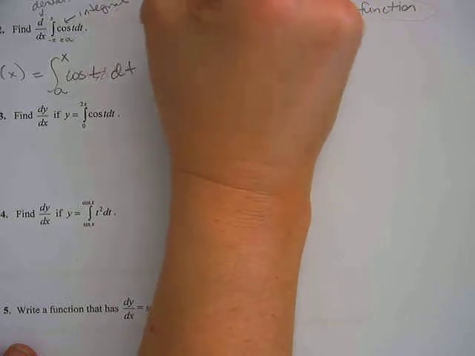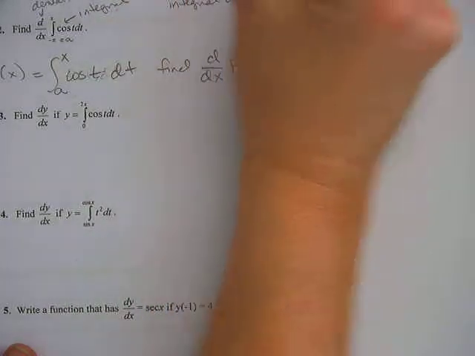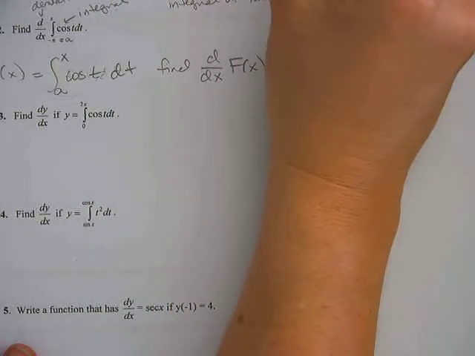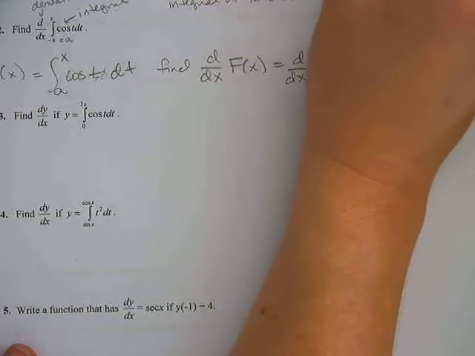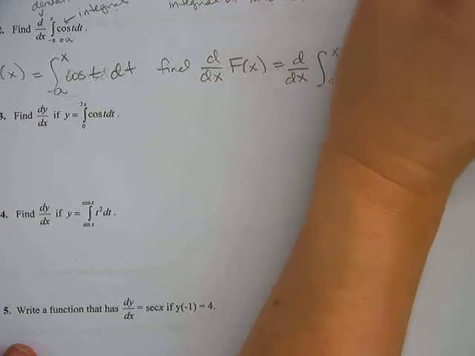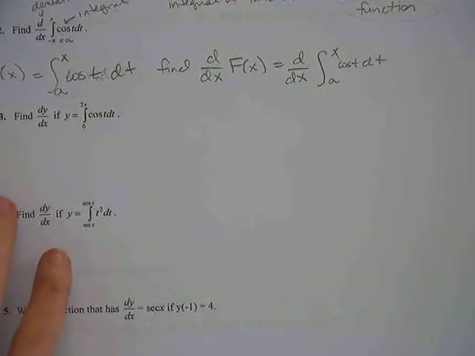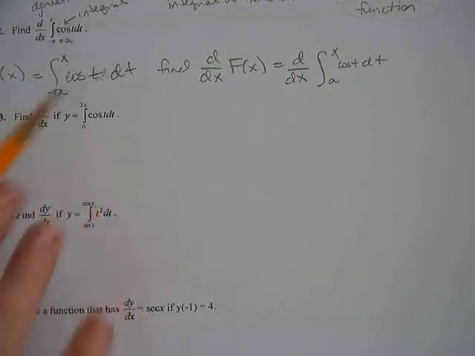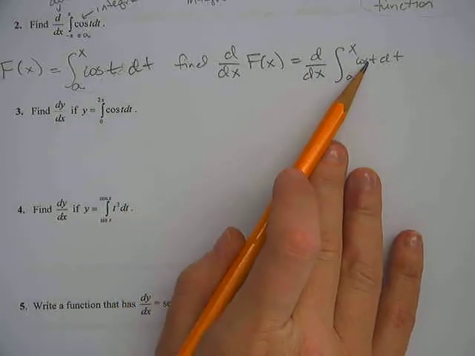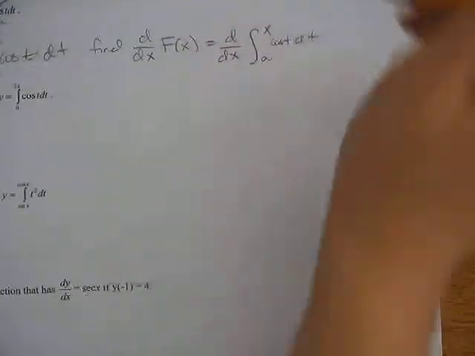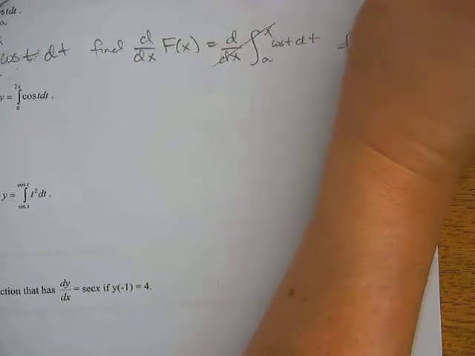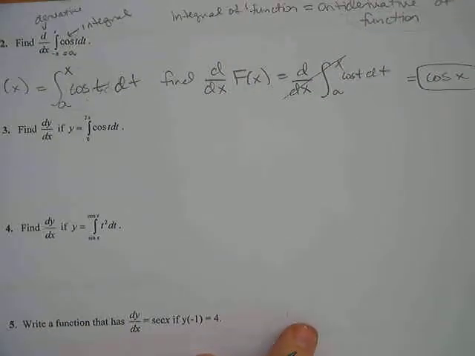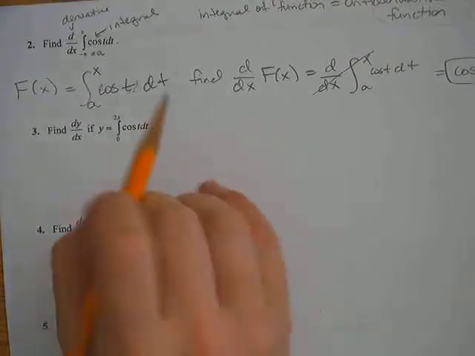What I'm trying to do is find d dx of capital F of x, which is d dx of this integral. So if capital F is the antiderivative of cosine, then the derivative of it would just be cosine. These basically cancel out, and it's just equal to cosine of x, the answer.